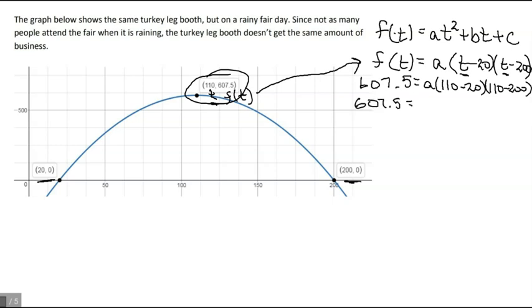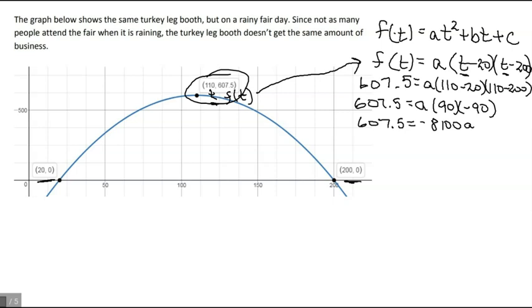607.5 equals a times 90 times negative 90, and then 607.5 equals negative 8100a.